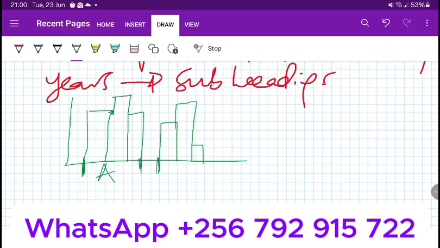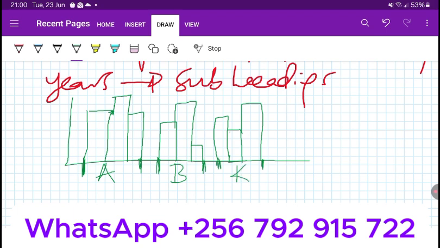Then from here to here, it's going to be city B. Then moving this side, we are going to have the same stuff. And from here to here, that is city K. So the horizontal axis is going to have the figures representing the crime rates. Of course, here we have the cities.